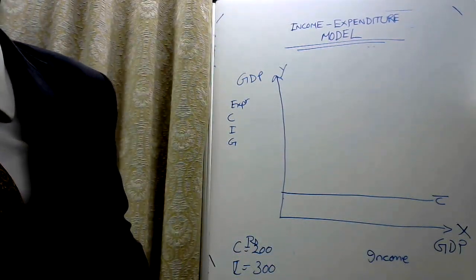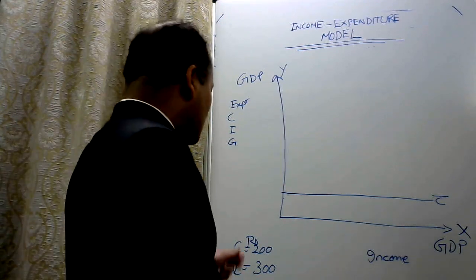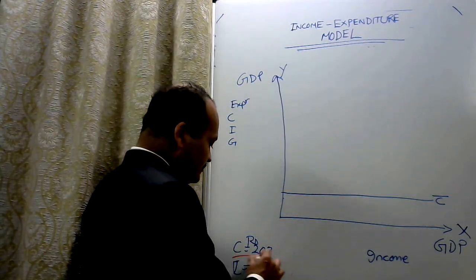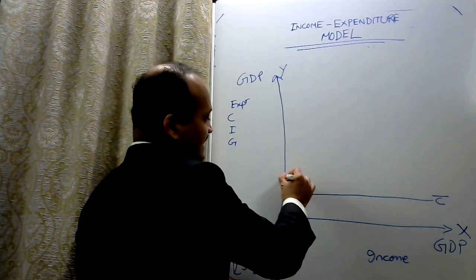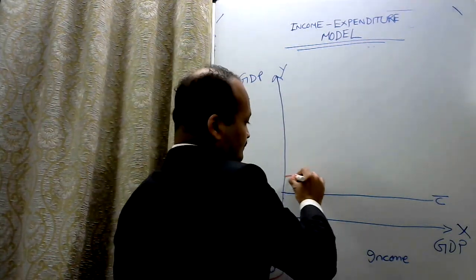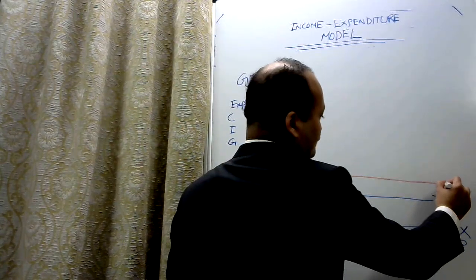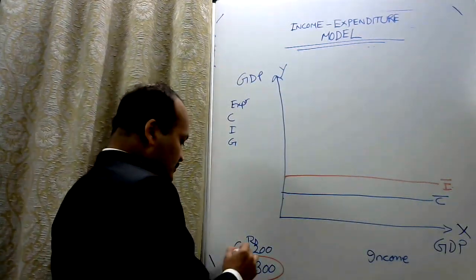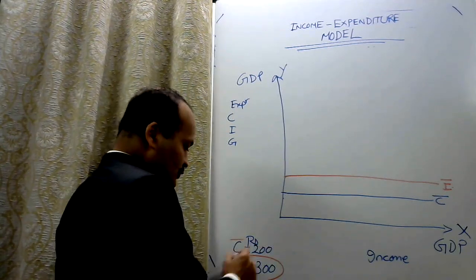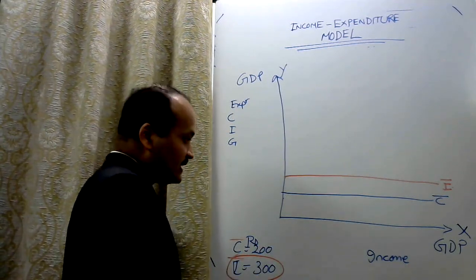I can show the I, which is 300, on the y-axis as I is equal to I bar. C was equal to C bar, which is 200, and I is equal to I bar, say 300.